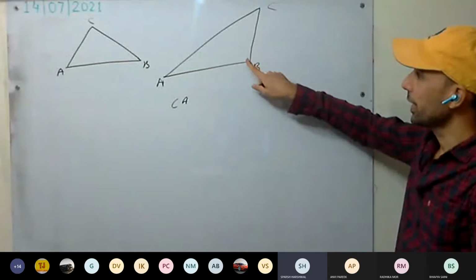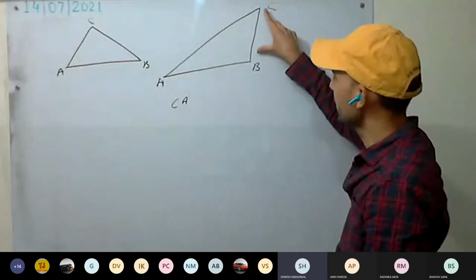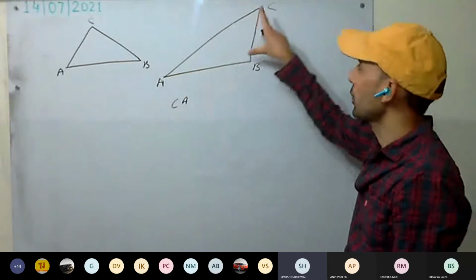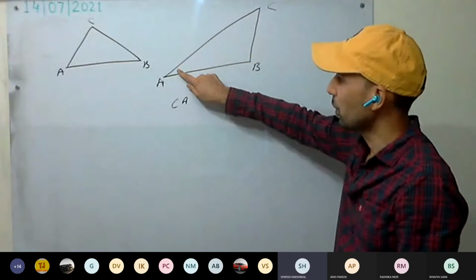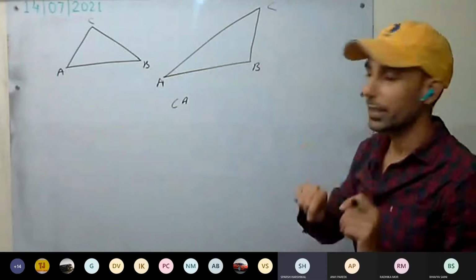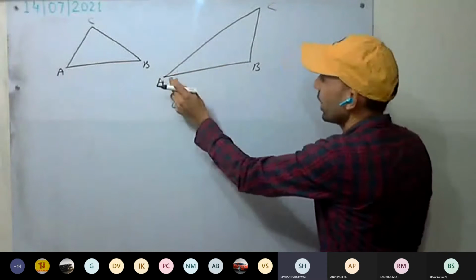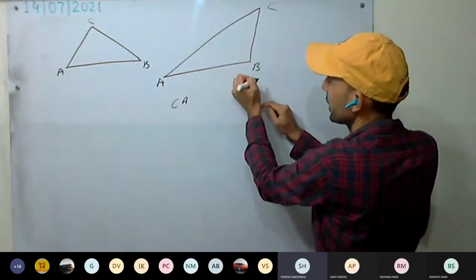Yes, sir. Opposite to the largest side, we have the largest angle. And opposite to the smallest side, BC, we have the smallest angle, A. Or we can say opposite to the smallest angle, we have the smallest side. Whenever I ask you the side opposite to angle A, from A, if you are looking towards it, it is the side BC.